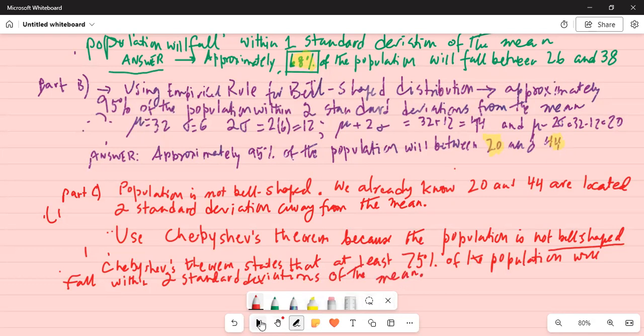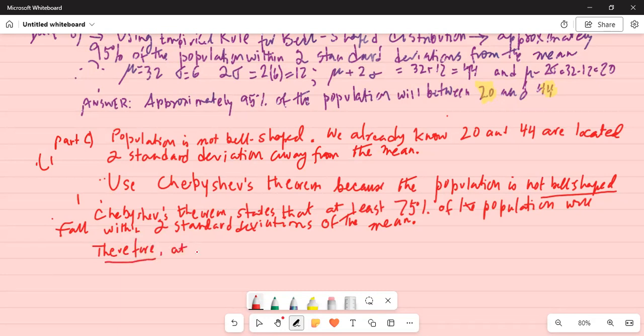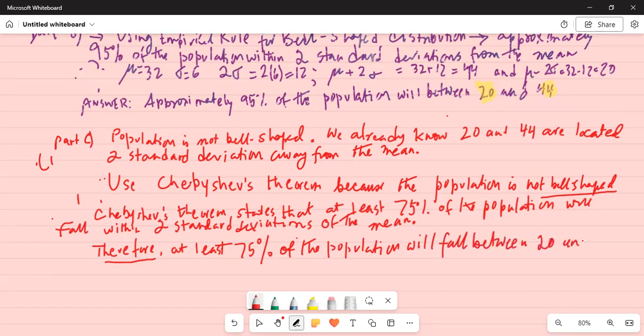Therefore, at least 75% of the population will fall between 20 and 44. So the answer to part C is at least 75%. Let me highlight that.